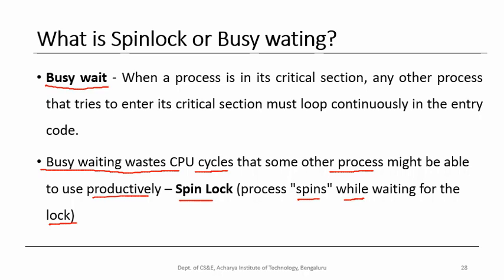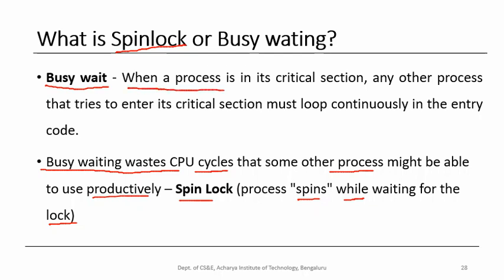So what is the solution? Is there any means of pushing that process which is busy waiting to a queue, and giving the CPU to some other process to make use of the CPU? So that's the solution for busy waiting. I hope you have understood what is busy waiting or spin lock.